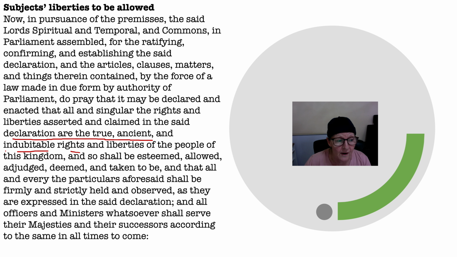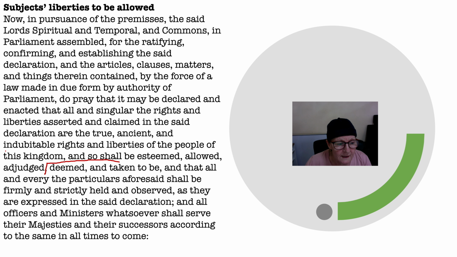If you go to the judge, there's going to be a declaration that your right is true, and then he's going to say that it is deemed and taken to be.